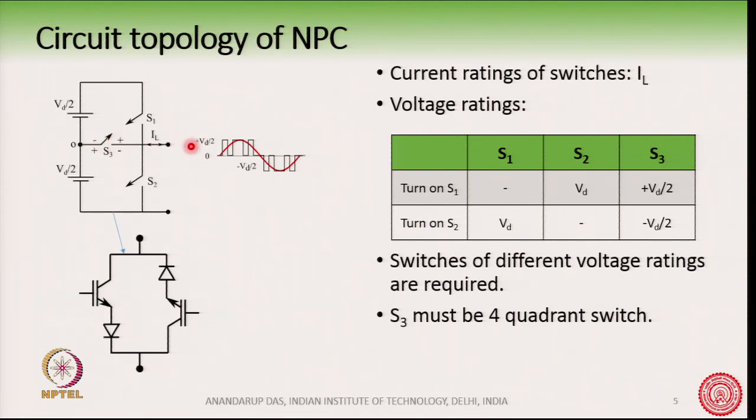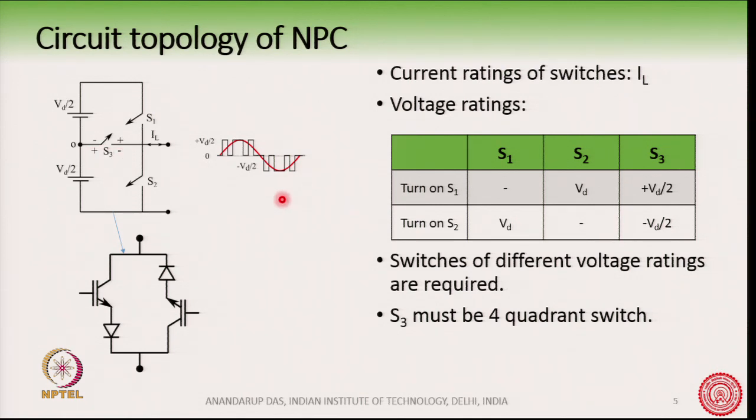On the other hand, if I turn on S2, then the minus terminal of this DC source comes here, and so the voltage rating of S3 has to be Vd by 2 like before. However, the minus terminal comes here, so it has to block such a voltage.